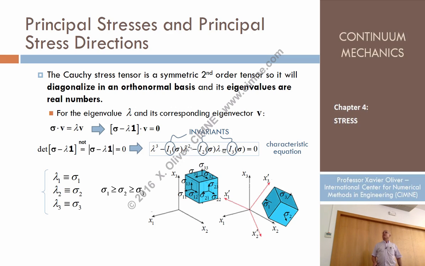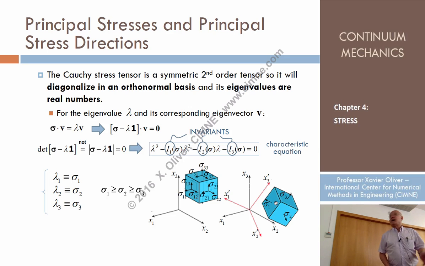And look at this coefficient. These coefficients are numbers. I just don't want to say, we'll go into that later on, what is the expression of these numbers. But look, whatever these numbers are, if I change the original system of coordinates, the result, which is these principal stresses, shouldn't change, right?